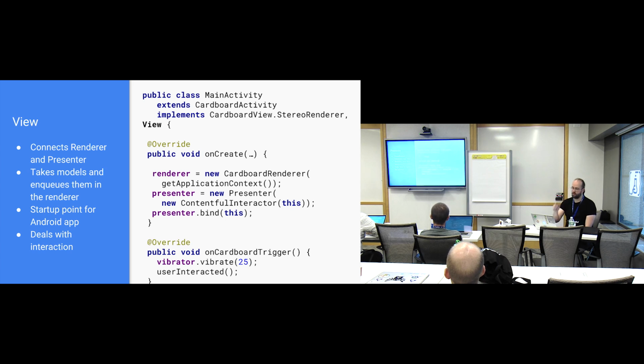It also calls the view: hey, I have now received a model, please add this one to your list of to-be-displayed models. And then inside the main activity, which in my case is also the view, I will create the renderer. The renderer is there for displaying the model in 3D using OpenGL.